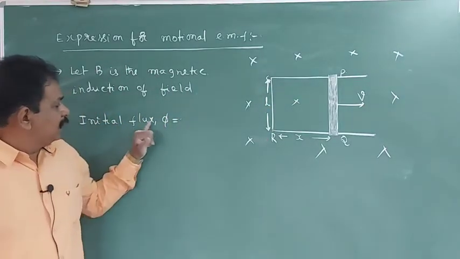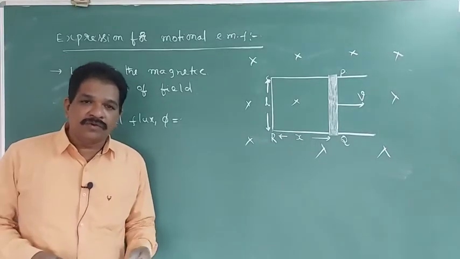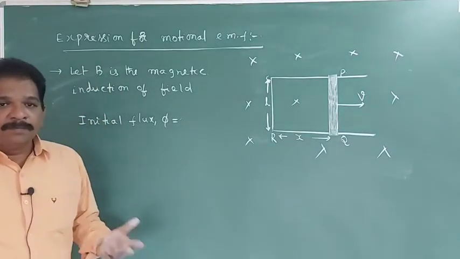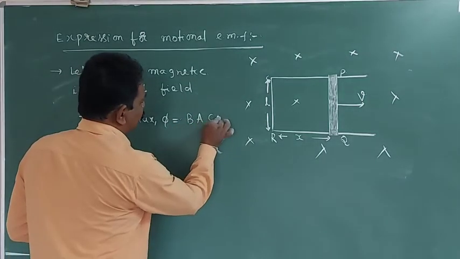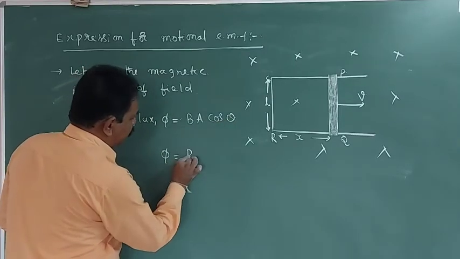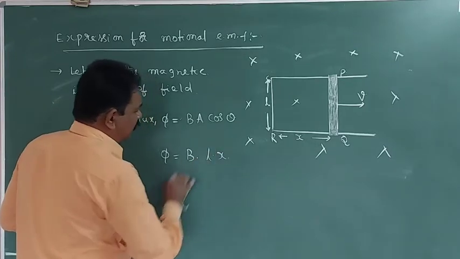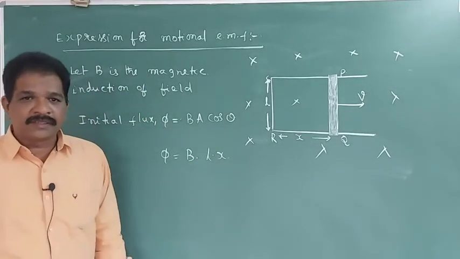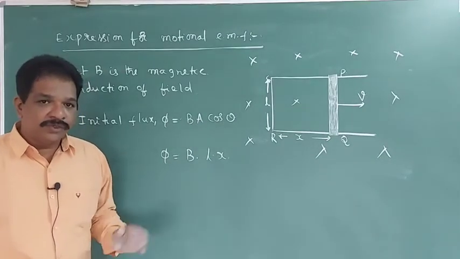What is the initial flux at t = 0? Phi is equal to, what is the formula? BA cos theta. The field is B, the area is L into X. Here theta will be 0.